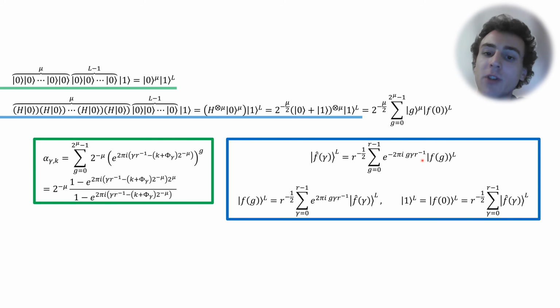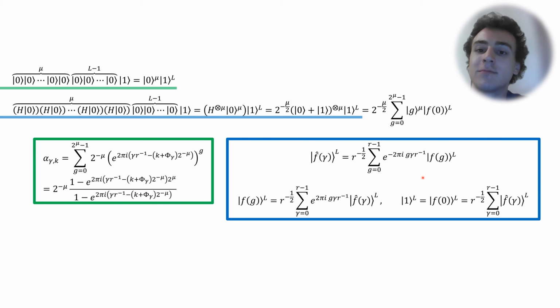So these complex coefficient factors, these are actually complex exponentials of the form e to the minus 2 pi i g gamma divided by r. So r to the minus 1, that is the same as dividing by r. And we have a sum over this index g, and this sum goes from 0 to r minus 1. And the normalization coefficient is r to the minus 1/2. So r is appearing in multiple places in this definition.